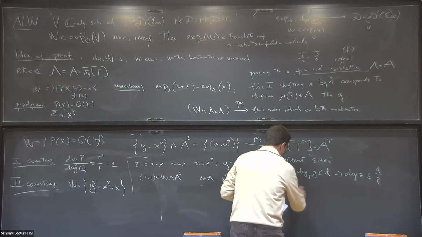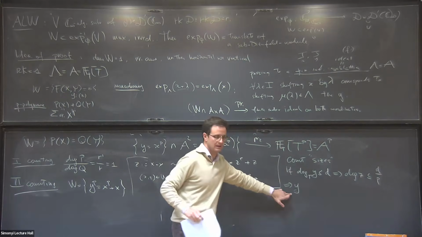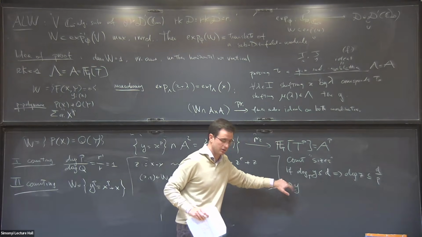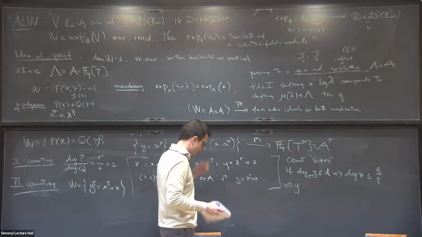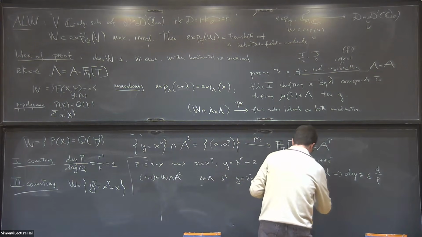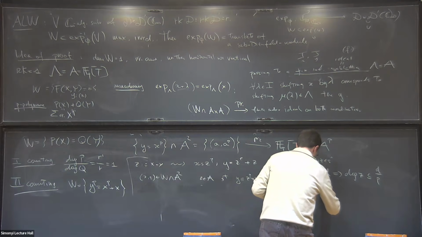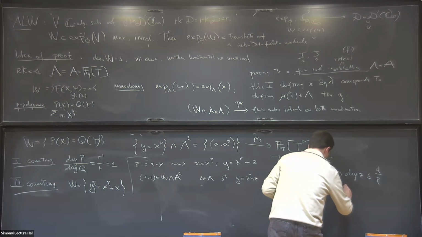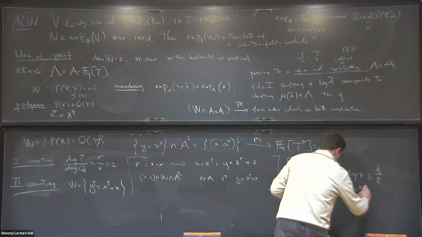And therefore, every y which is admissible, which means it lies both on the curve and on the lattice, A squared, has to come from a much smaller z.